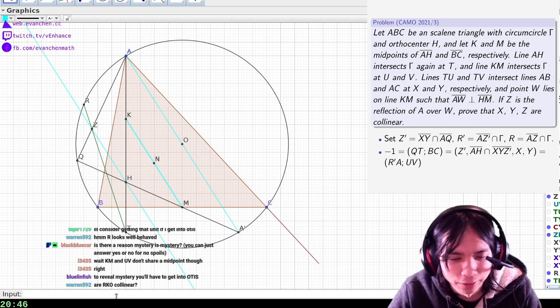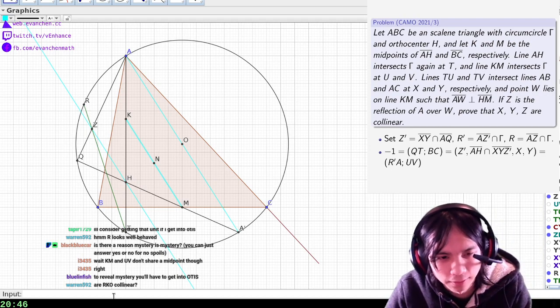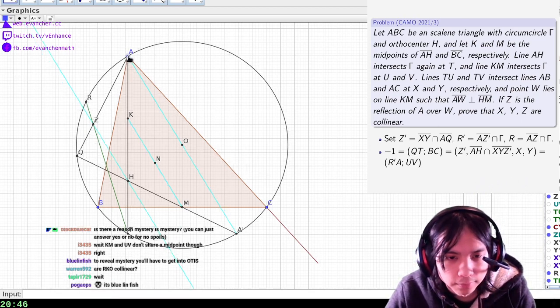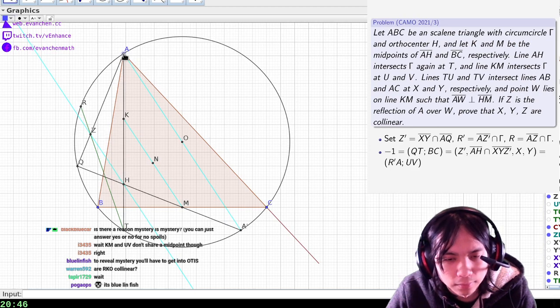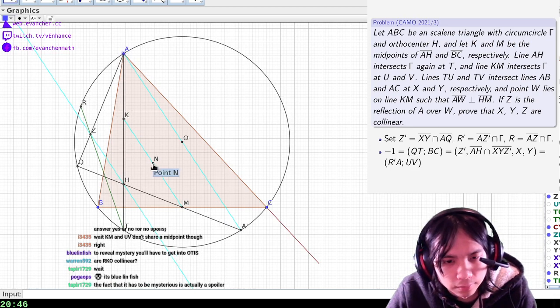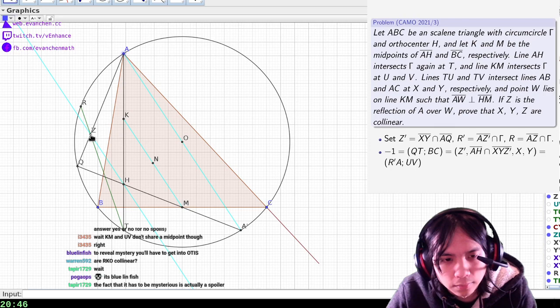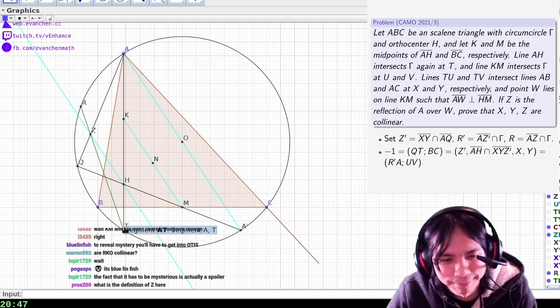RKO collinear, I doubt it. Let me check. Yeah, no. I feel like I should be able to make this projective.